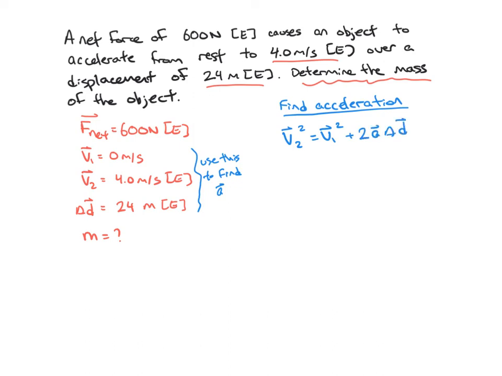Okay, this is the one that's going to allow me to get the acceleration. I'm going to cross out v1 squared because the value is 0. I'm going to isolate it for acceleration. I would just divide both sides by 2 displacement and fill in the values.